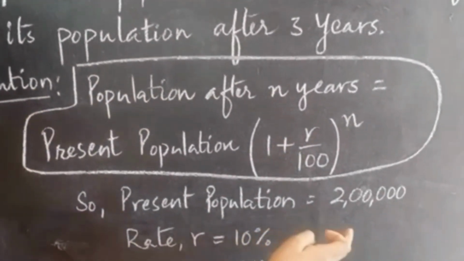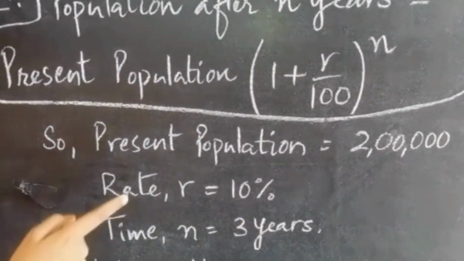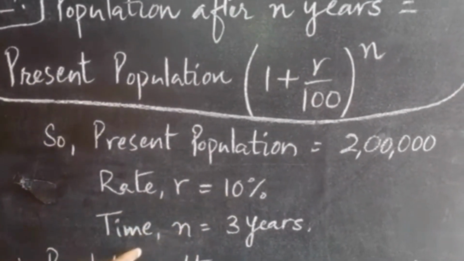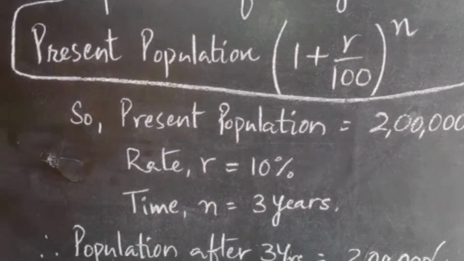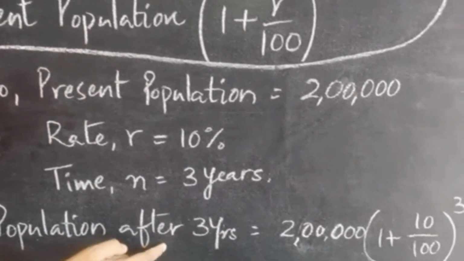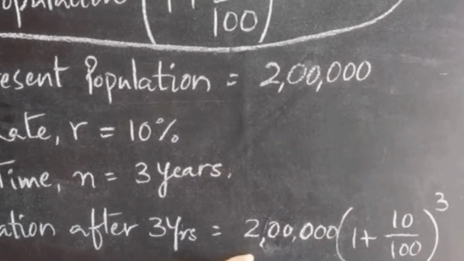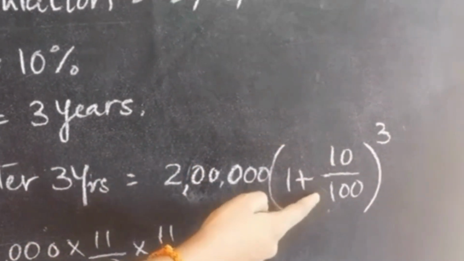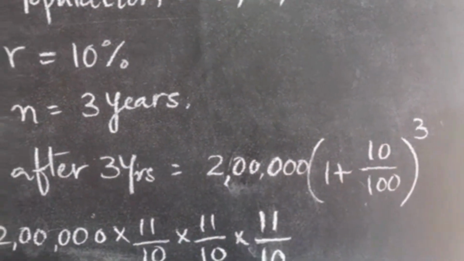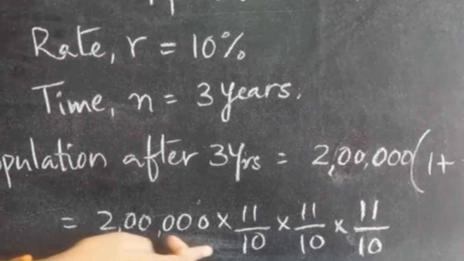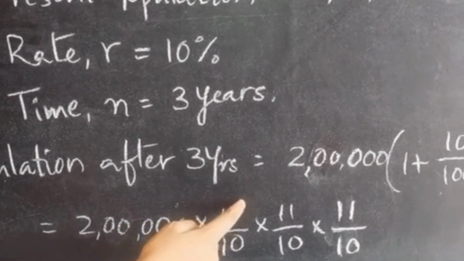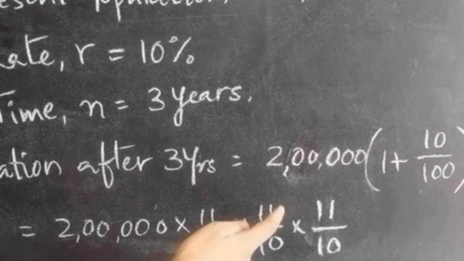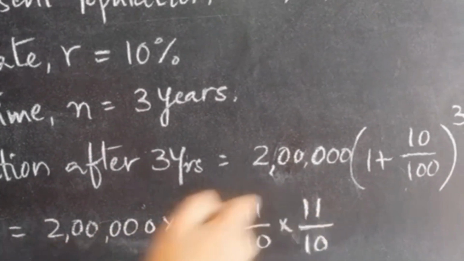So, present population equals 2 lakhs, rate equals 10%, time equals 3 years. So, population after 3 years equals 2 lakhs into (1 plus 10 by 100) whole cube, which equals 2 lakhs into 11 by 10 into 11 by 10 into 11 by 10.